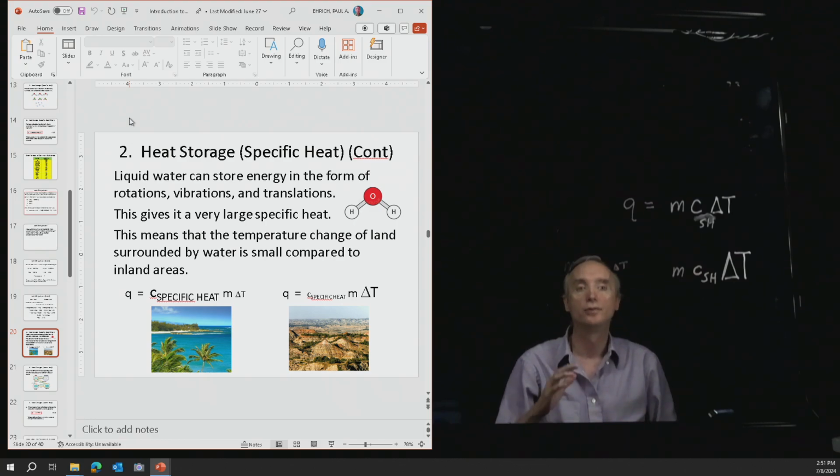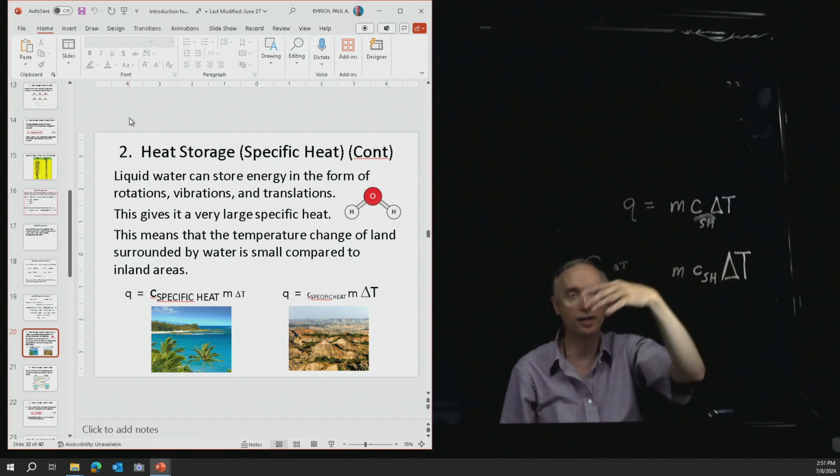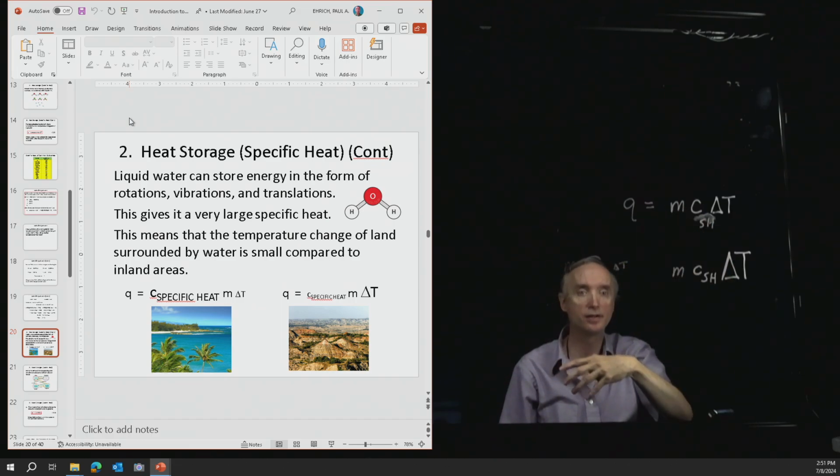So in the Hawaiian Islands, during the daytime, all of that sunlight that it gets, instead of heating up the land, it's going into the water. So that means that there's less energy to go onto the island, so therefore the temperature of the island stays pretty moderate.